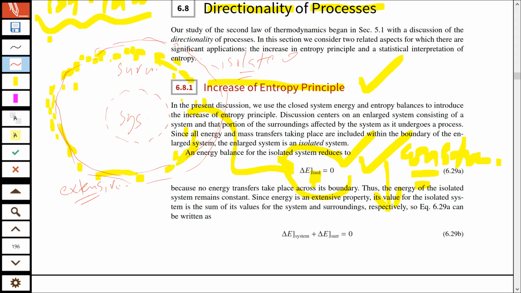So now in this enlarged system, you have two parts: your system and your surrounding, and energy is an extensive property. So this change in the energy of an isolated system can be broken down into two parts: the energy of the original system and the energy of the surrounding. You can do this because energy is an extensive property.